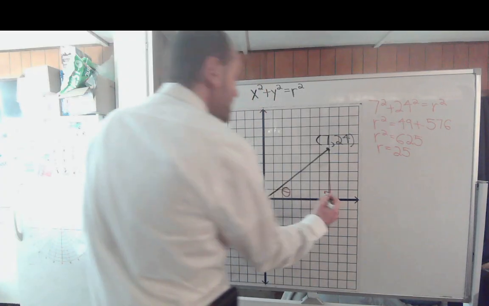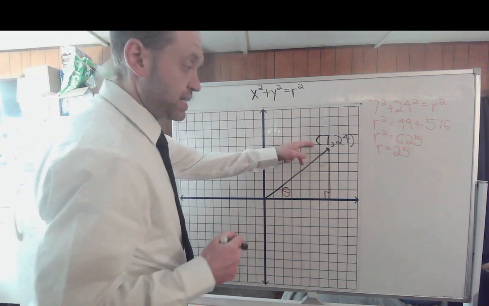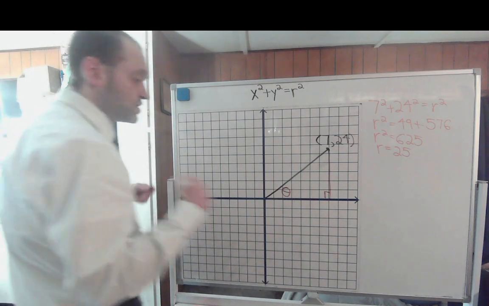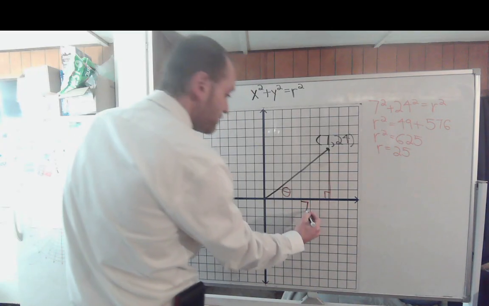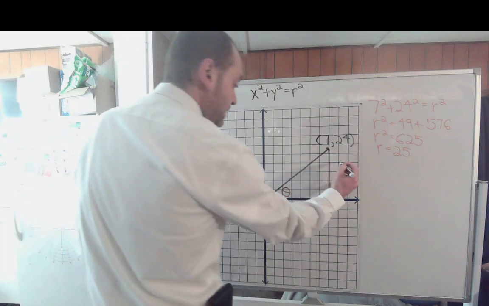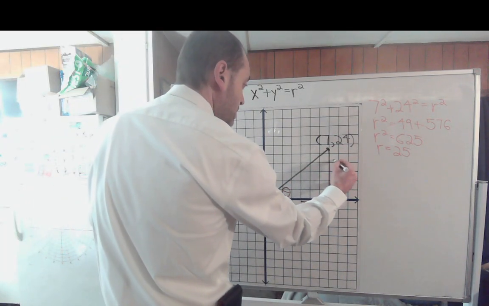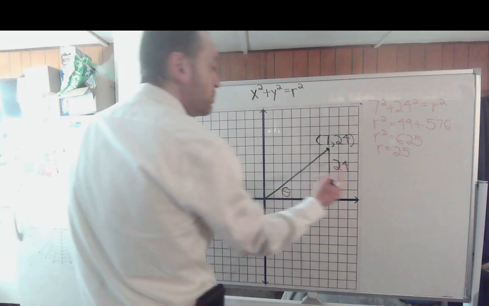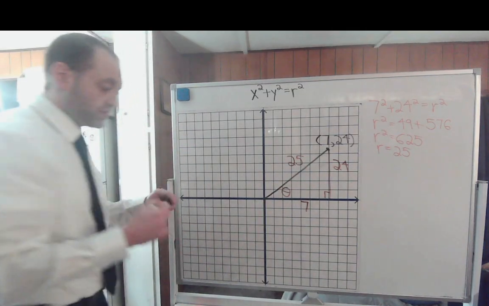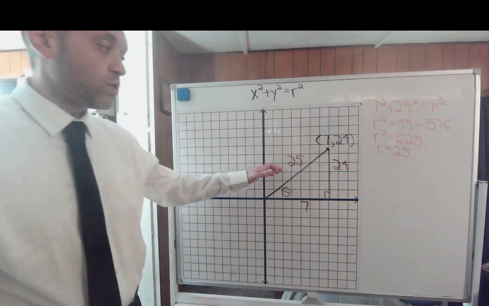Now, that (7, 24) tells you that your x length is 7. So you have a length of 7 here for your x leg. You're up 24 units, so your y length is 24. And then we now know the radius to be 25. So everything's positive in the first quadrant.